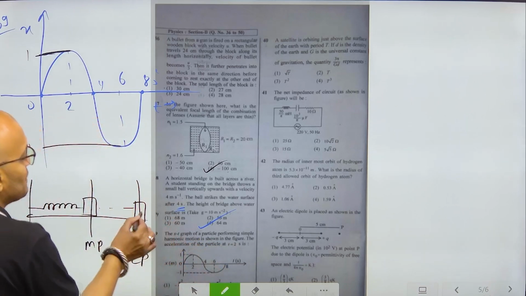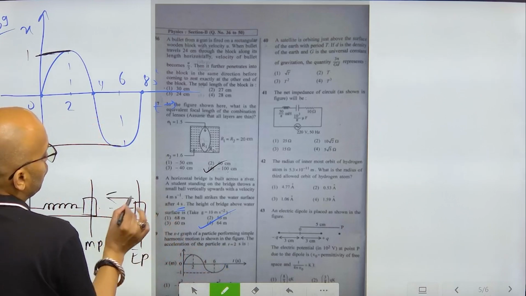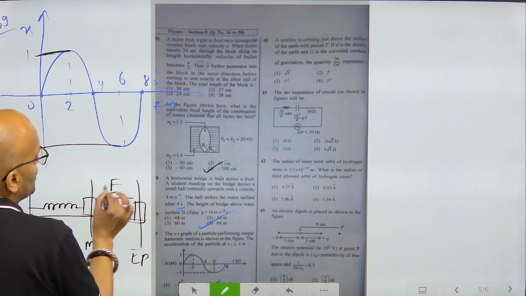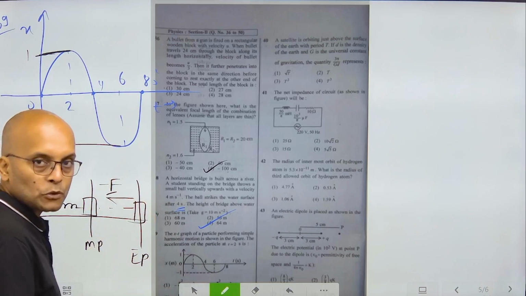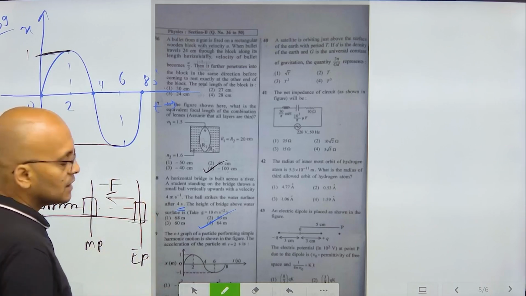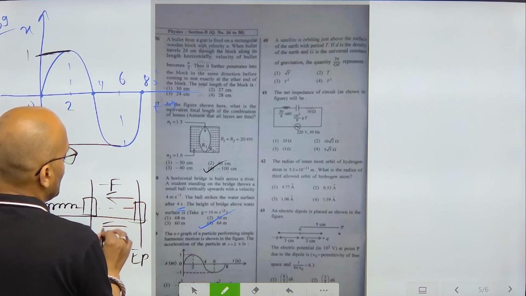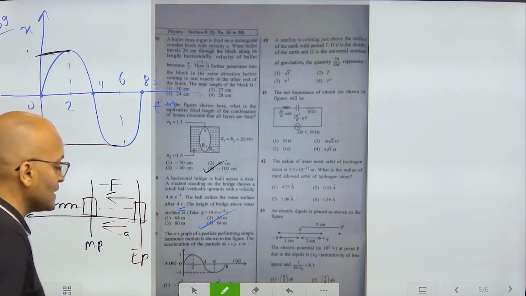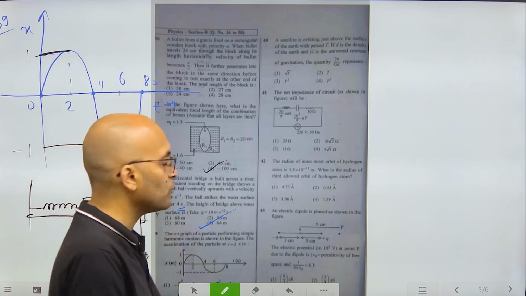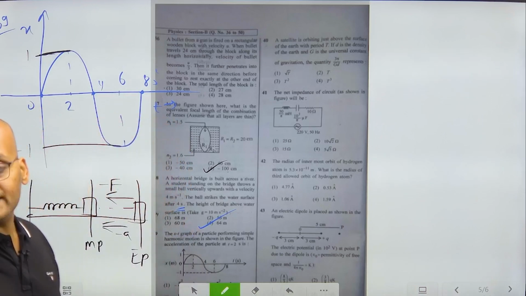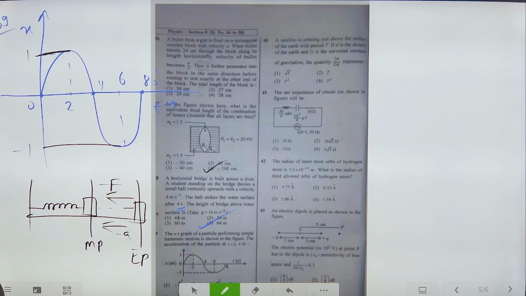So when body is present at extreme position, force acts in the opposite direction, minus F, opposite to that of displacement, and acceleration is due to force. So acceleration is also in the opposite direction, but all the options are in minus form, no problem. We need to calculate acceleration now.